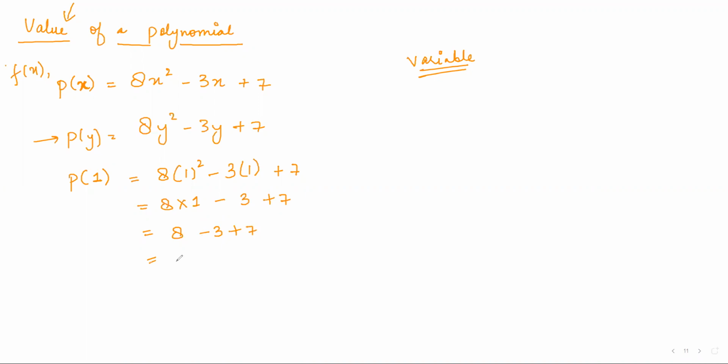So that means how much? 8 plus 4, that is 12, right? Okay. So at y is equal to 1, the value of my polynomial is 12. So this 12 is called the value of the polynomial at y is equal to 1. Understood?